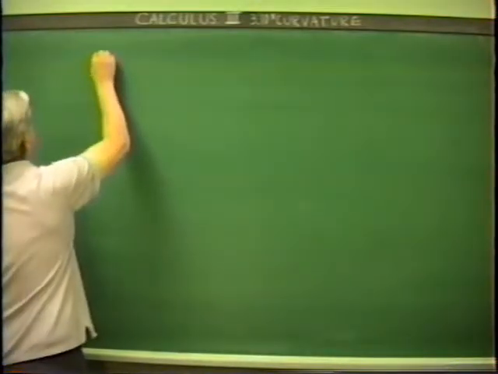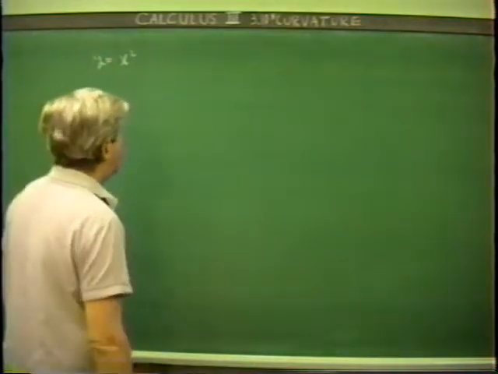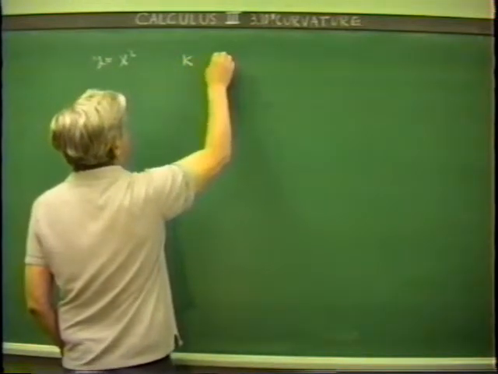Take a look now at the curvature of a curve, which is a function of x. And probably no better place to start here is that let y equal x squared.